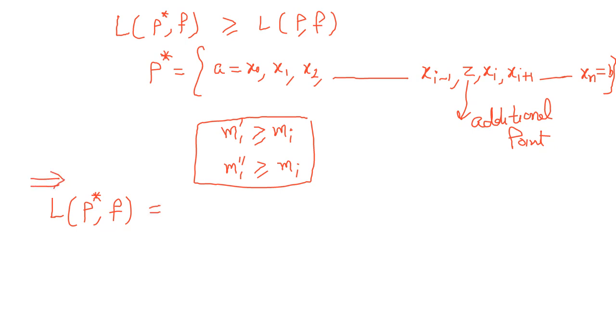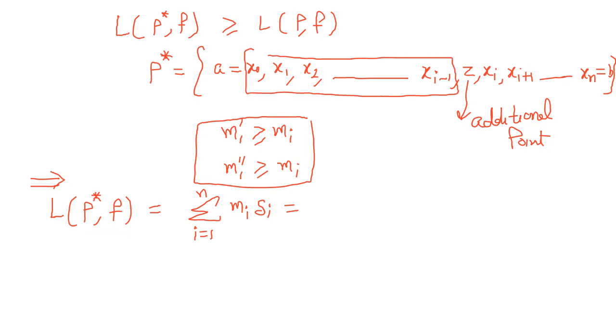So what is L(P star, f)? That is summation i equal to 1 to n of mi delta i. Now see, this one is your P star, so divide this into some parts.